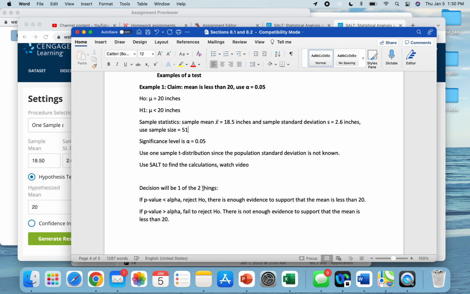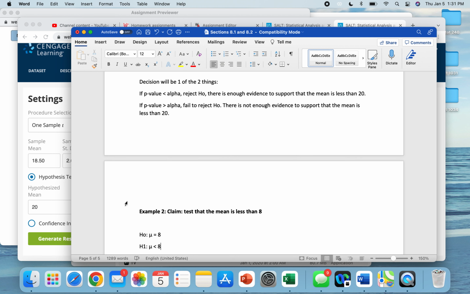The decision will be one of two things. It'll be this one. The p-value of 0.000 something was less than 0.05. This is alpha. We're going to reject H0. There is enough evidence to support that the mean is less than 20. If it was bigger, you would use the other decision.